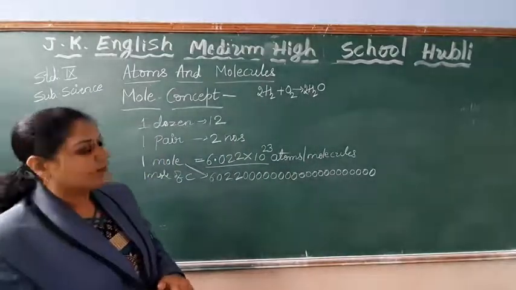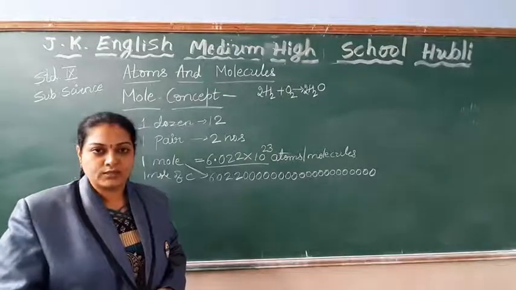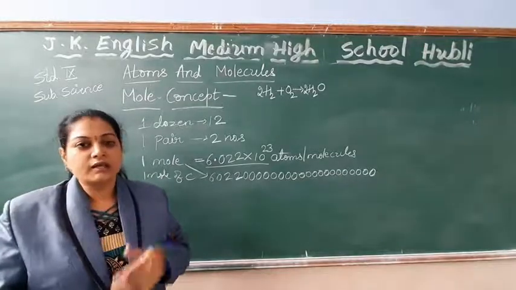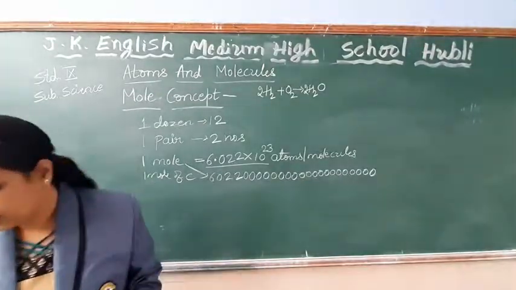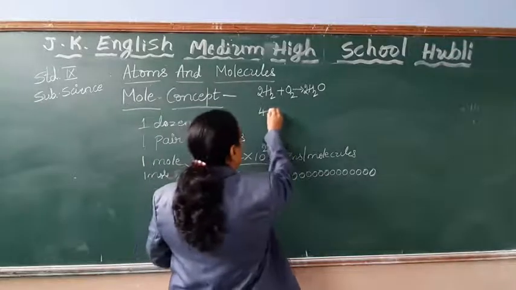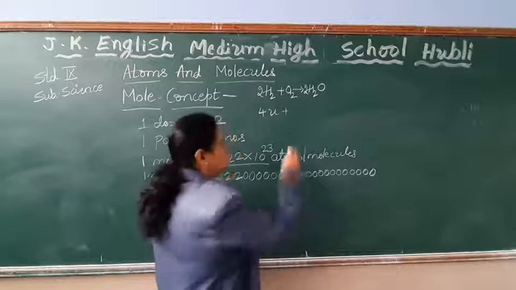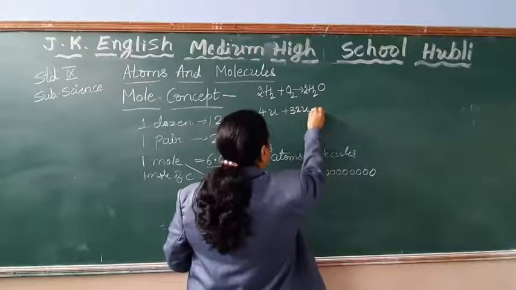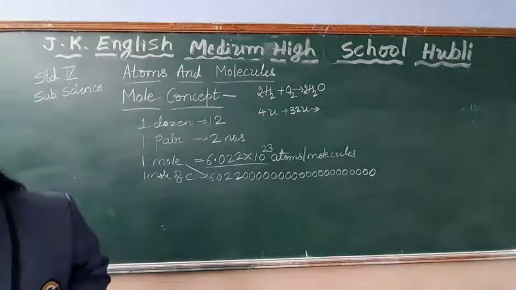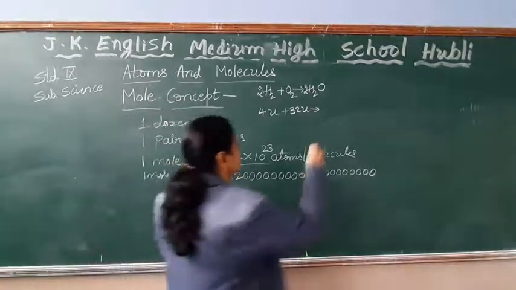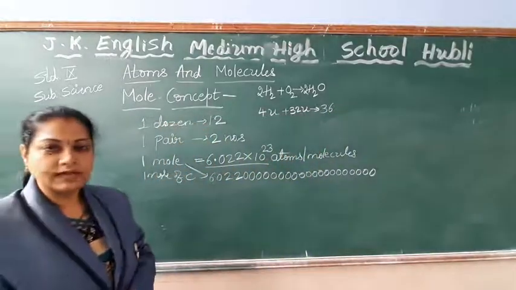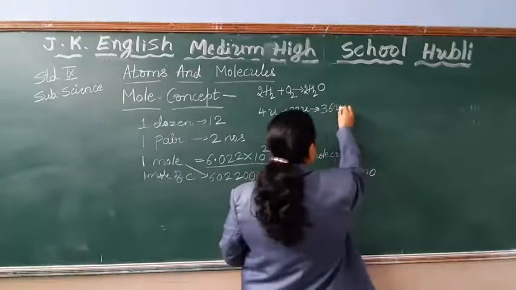In terms of units, using the atomic mass we have discussed, 4 u of hydrogen combines with 32 u of oxygen to form water as 36 u.